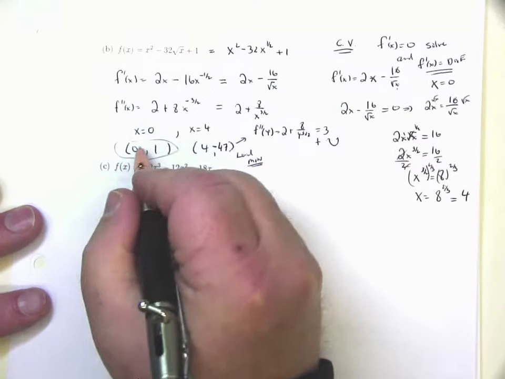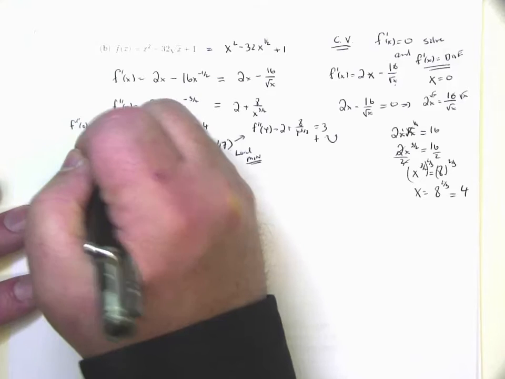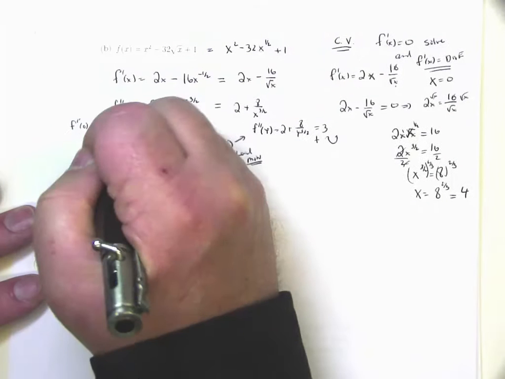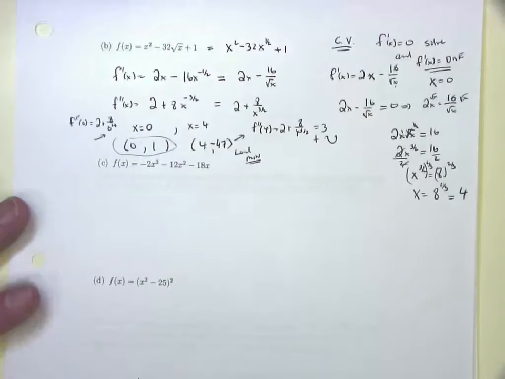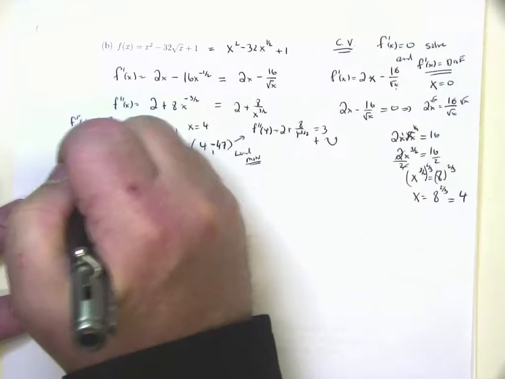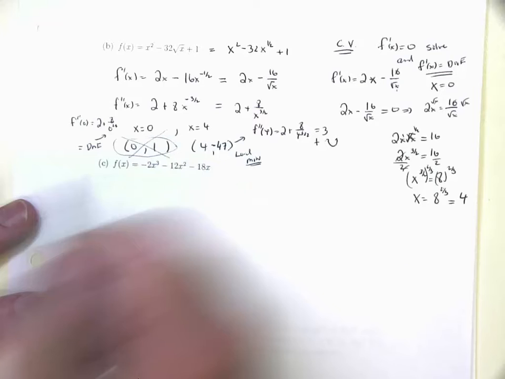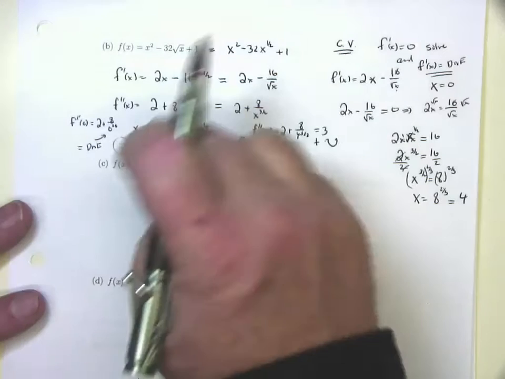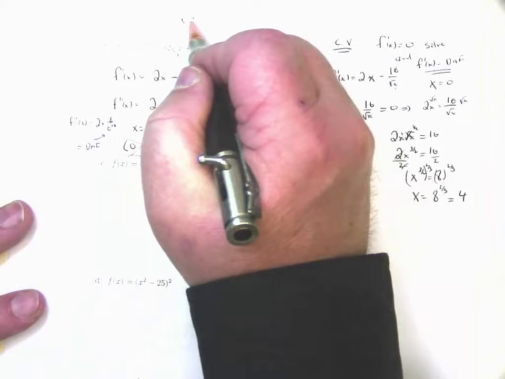Watch this guy. When I plug in 0, I get f double prime of 0. And what's f double prime of 0? That'll be 2 plus 8 over 0 to the 3/2. What are you not allowed to divide by? 0. This thing does not exist, so my second derivative test is not going to tell me anything about this particular point. You're going to have to graph it and figure out, because it's a square root, your domain is x greater than or equal to 0.